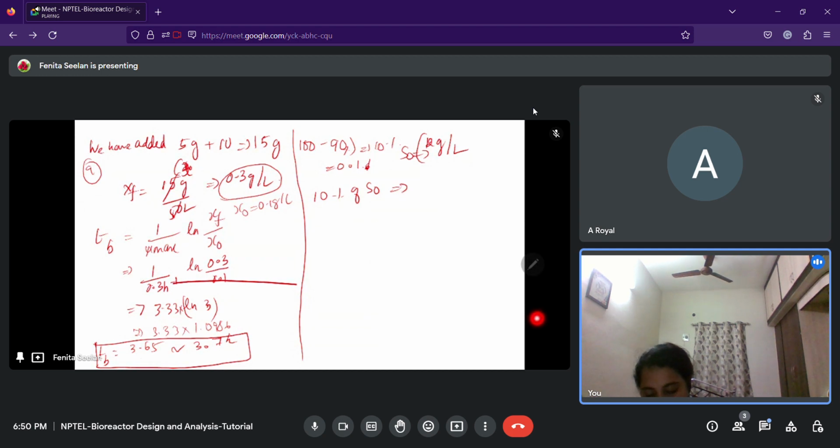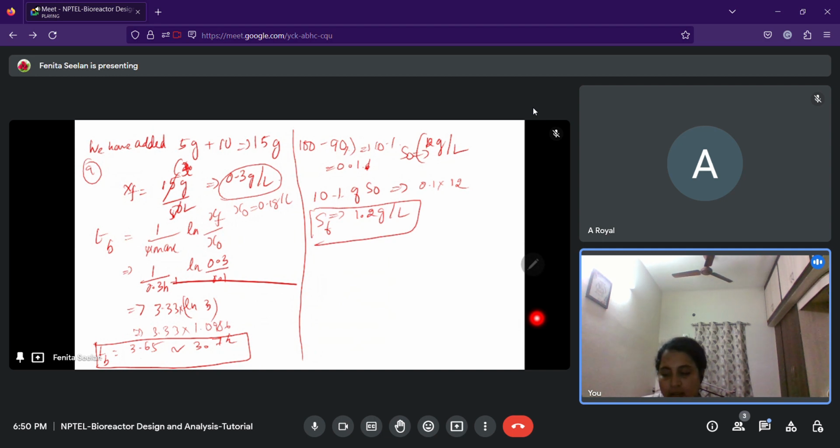What I was telling is, initially we have added a substrate of 12 grams per liter. 90% of that has been already converted, so the remaining would be 100 minus 90, just 10%. 10% of S naught, 0.1 into 12 grams per liter, is 1.2 grams per liter. So SF is 1.2 grams per liter.